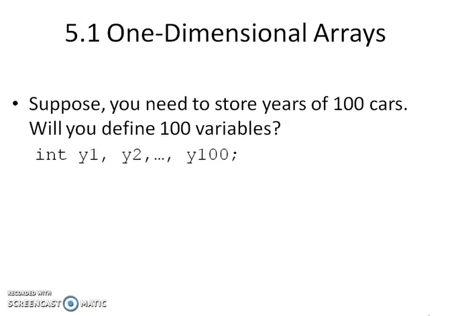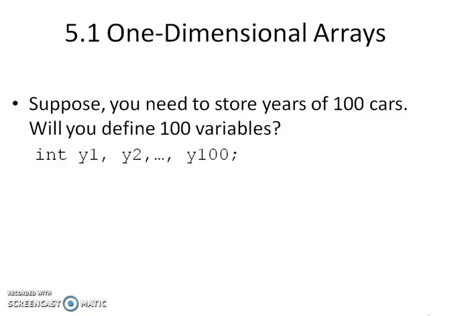Why are these arrays necessary? Suppose we have a problem of storing the model year of 100 cars, then how can we do it in simple C?